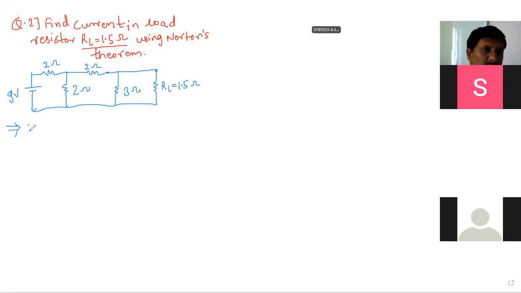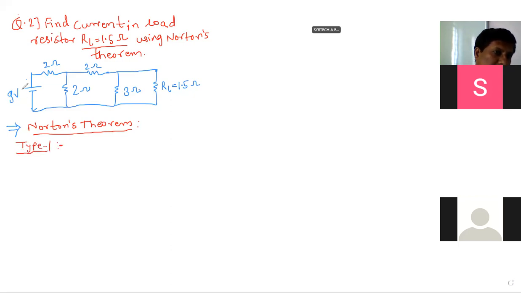First of all, note down which theorem they are asking to use: Norton's theorem. We have to solve this example according to the steps of Norton's theorem. This belongs to type 1 because only one independent source is there, that is 9 volt.